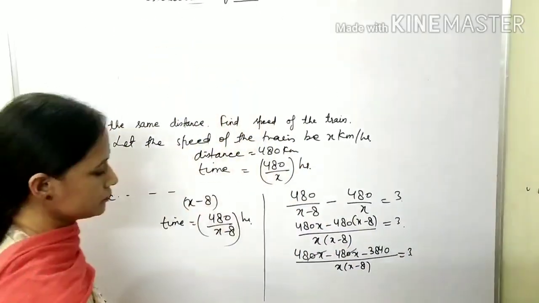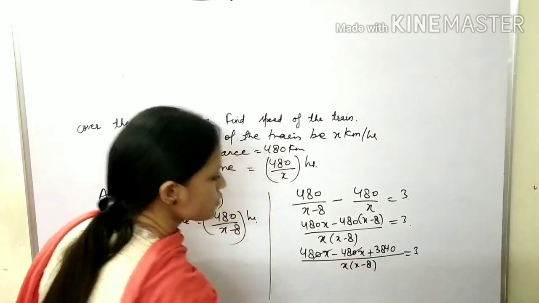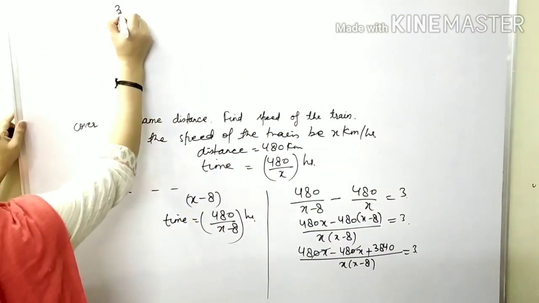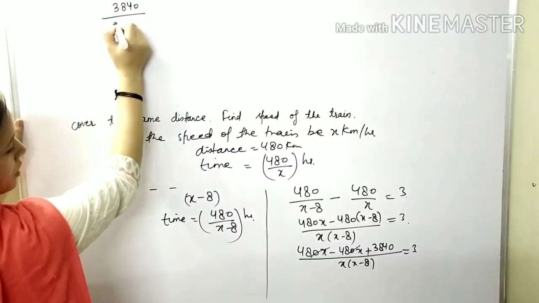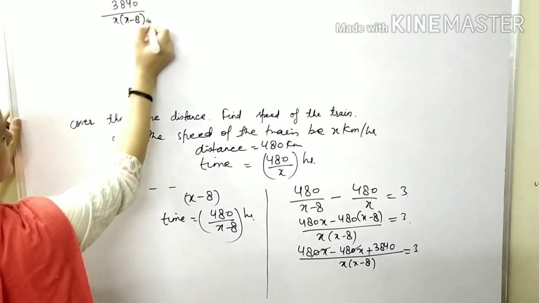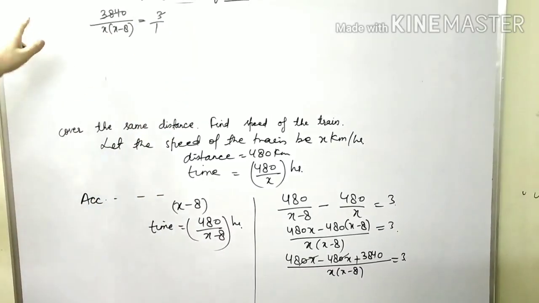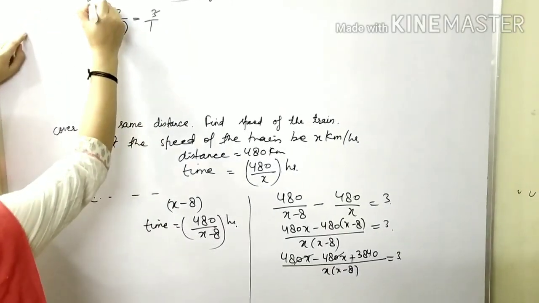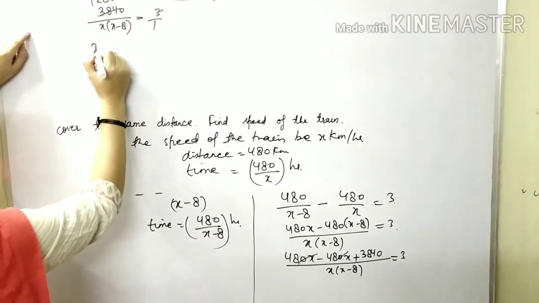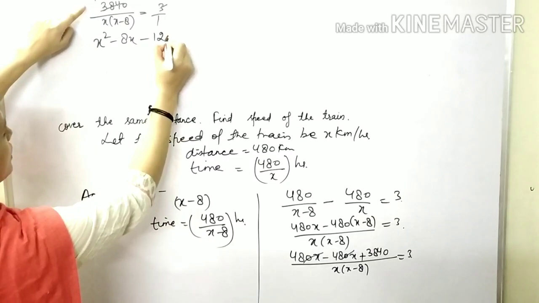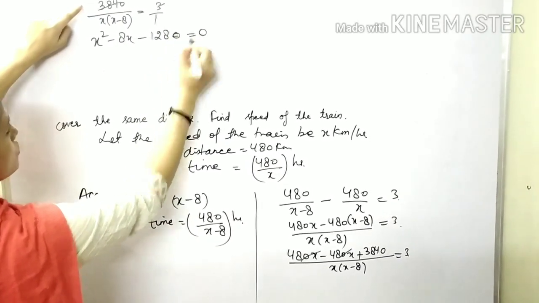Now we can further solve it, and after simplifying and dividing, I'm getting 1280. So finally we got the equation as x squared minus 8x minus 1280 equal to 0.